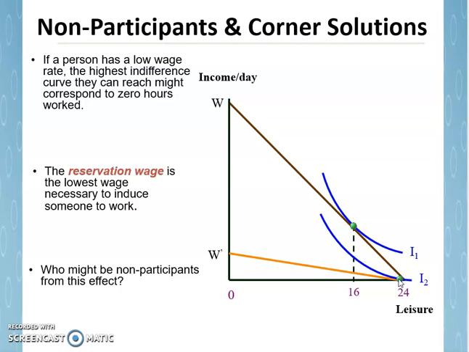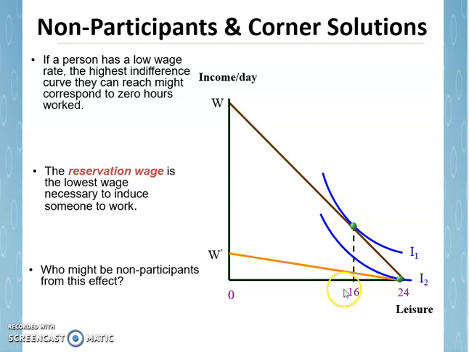Let's look at one example of what might cause a corner solution and non-participation. Imagine we have an individual that initially is working and they have wage represented by W up here. That also represents their income per day based on the wage. This is their budget constraint, and for them, they choose the optimizing outcome where the highest indifference curve is tangent to the budget constraint.